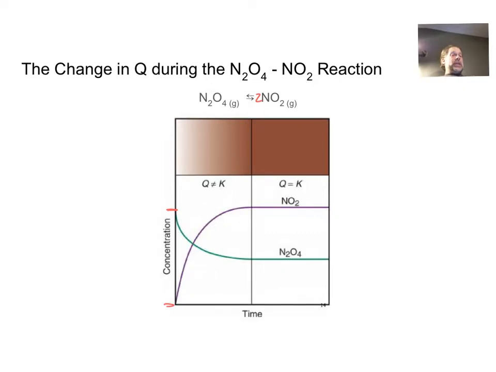As the reaction proceeds, we eventually get to a point where Q is equal to K. And when Q is equal to K, note that the amounts of NO2 and N2O4, products and reactants, are not necessarily equal. They are just at equilibrium. As the reaction goes over time, it's going to stay at this equilibrium. Now, if something stresses the system and we add more product than at equilibrium, then we have to push the reaction into reverse to go back to some of the reactant, and vice versa.